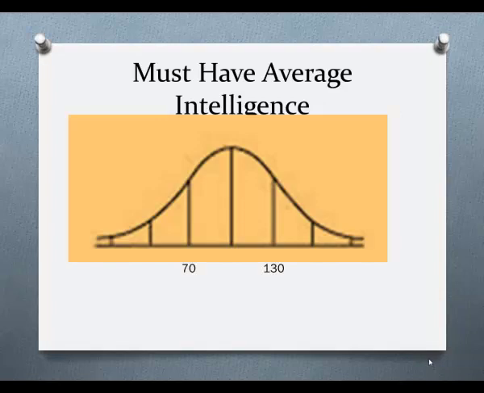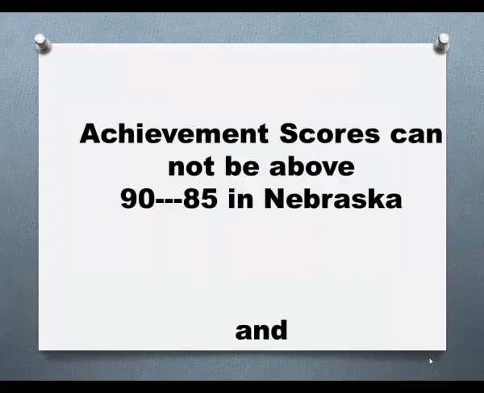One of the criteria for verifying with a learning disability is one must have average intelligence, which means that your IQ must be between 70 and 130. And your achievement scores cannot be above a 90, or an 85 in Nebraska.